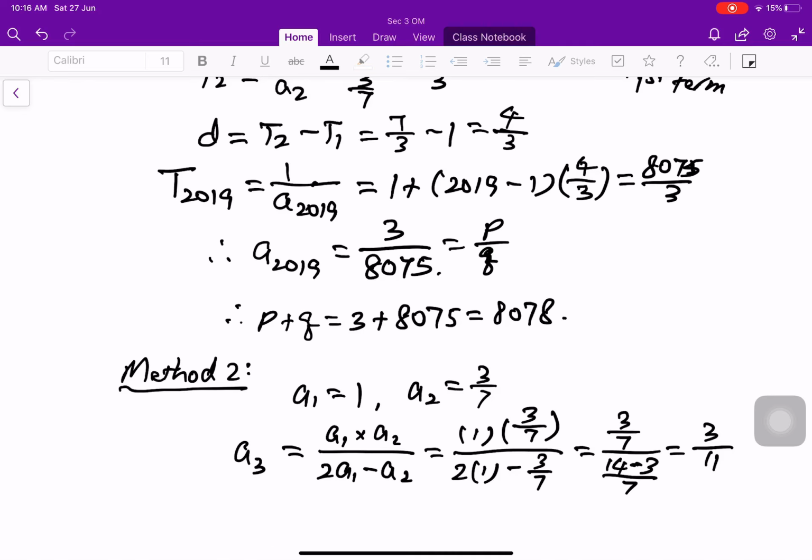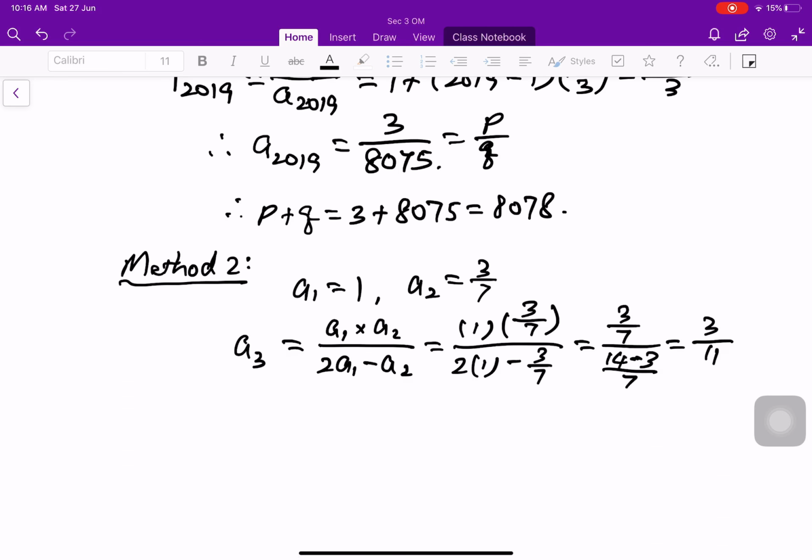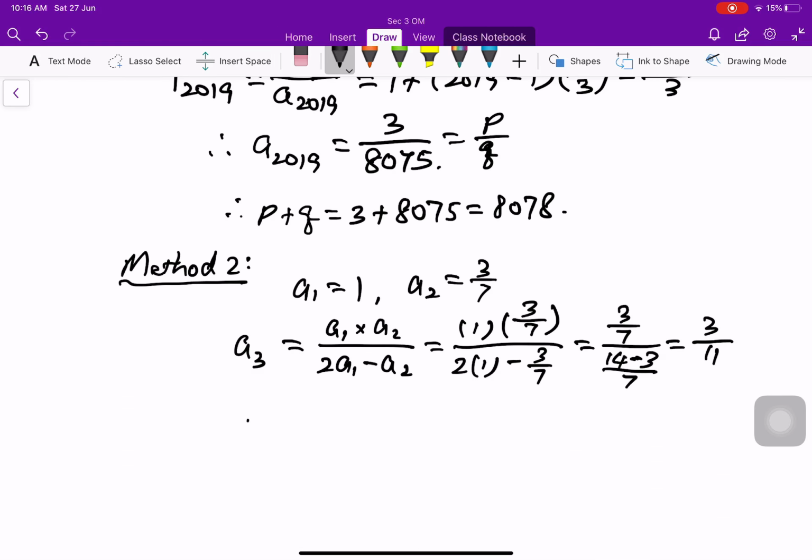Then can you continue to get your A4? Your A4 is just A2 multiplied by A3 divided by 2A2 minus A3.